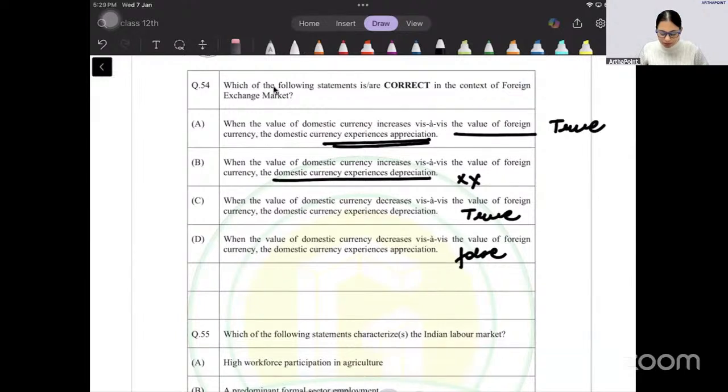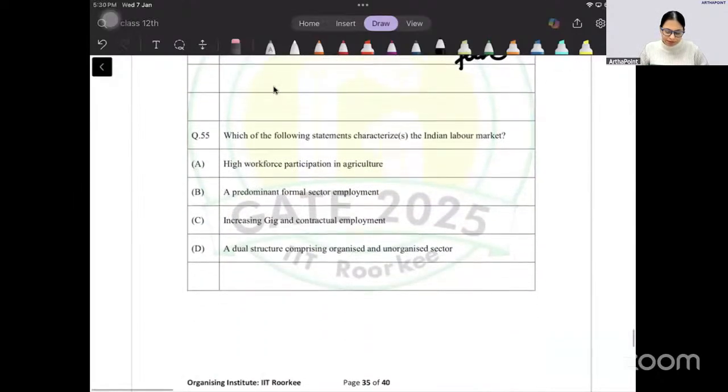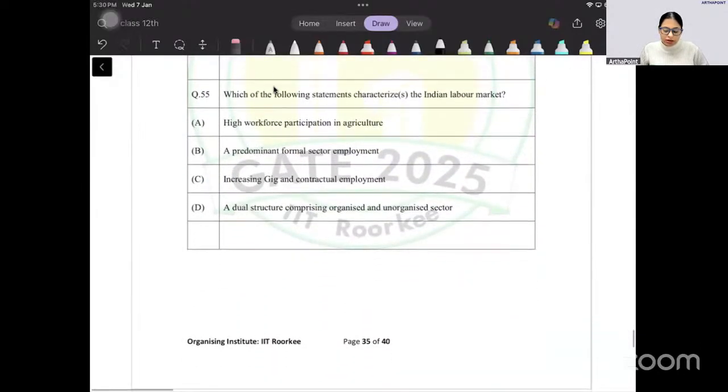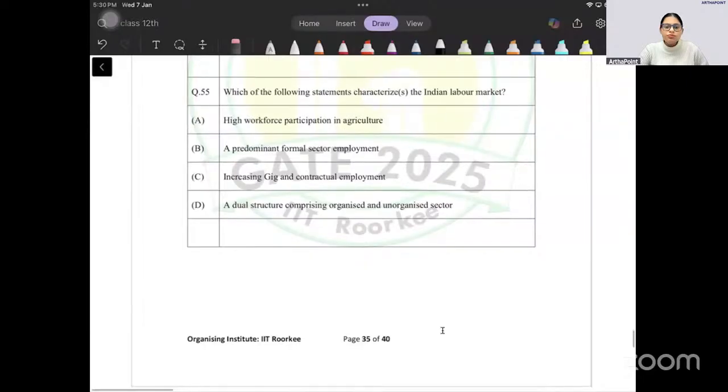Correct. Question number 55. Which of the following statement characterize the Indian labor market? Try to answer this. High workforce participation rate in agriculture.